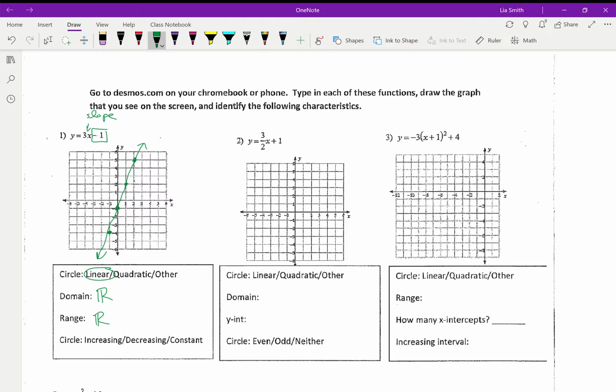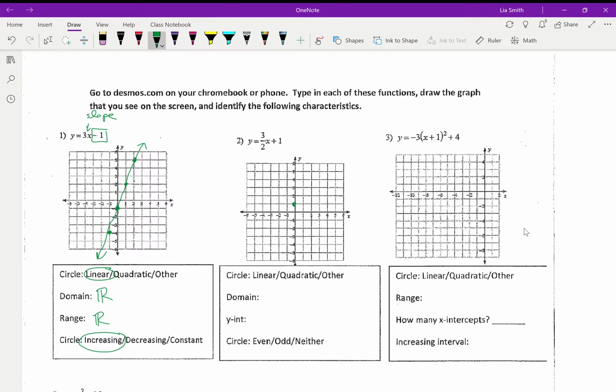So is this graph increasing, decreasing, or constant? This is all based off of which direction you're moving. So this one, if I were to go left to right, this would definitely be increasing because you're going up. Okay, notice now in this next graph, we have a slope of up 3 over 2 with a starting point of +1.